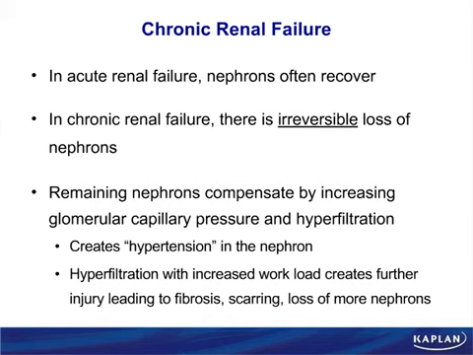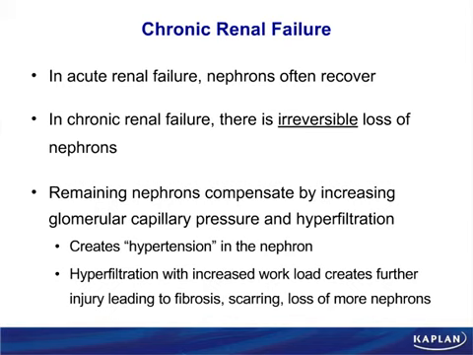Now, chronic renal failure. In acute renal failure, the nephrons may recover. In chronic renal failure, there is irreversible loss of the nephrons. Now, the remaining nephrons will compensate by increasing glomerular capillary pressures. This leads to a concept known as hyperfiltration. This creates glomerular hypertension.